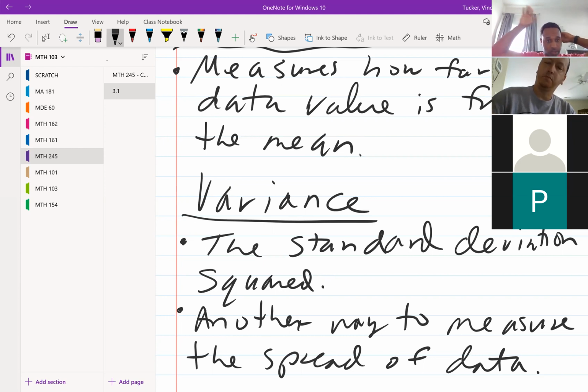So this whole section, we're talking about measuring the dispersion or the spread of your data. These are other ways of doing so. We'll talk about how to calculate those in a second. Just give you a chance to write them down.